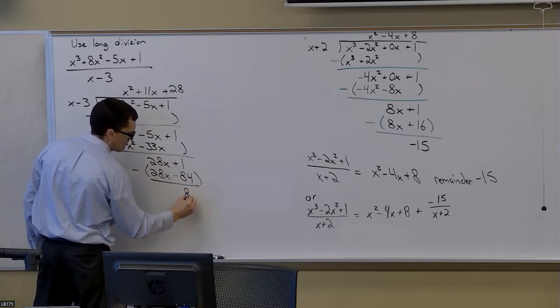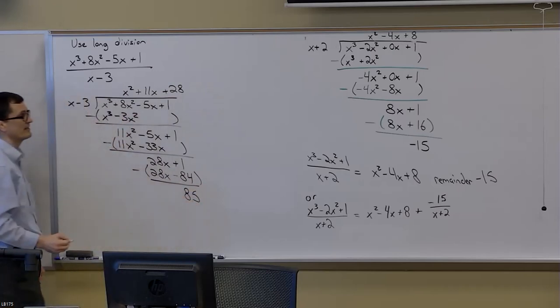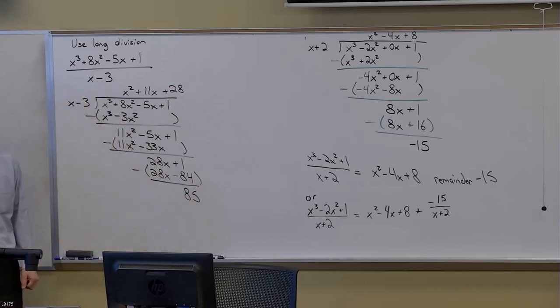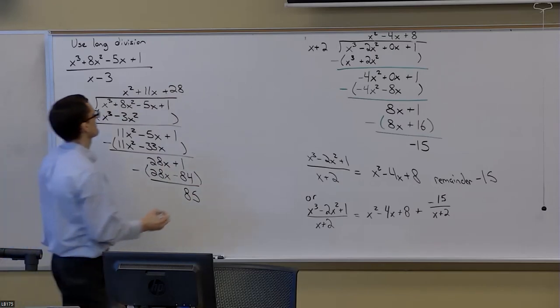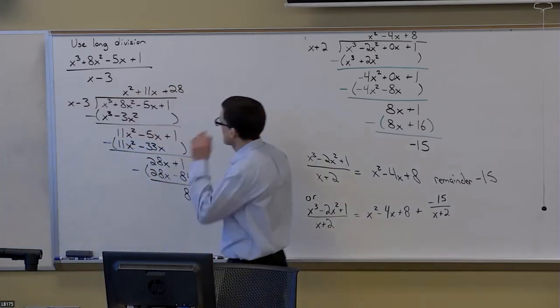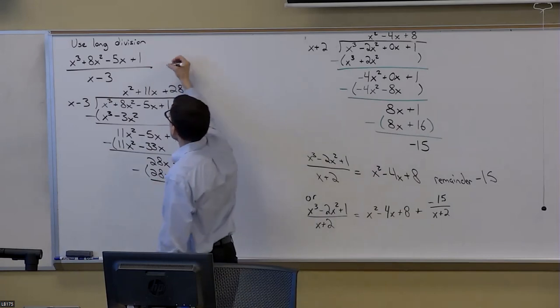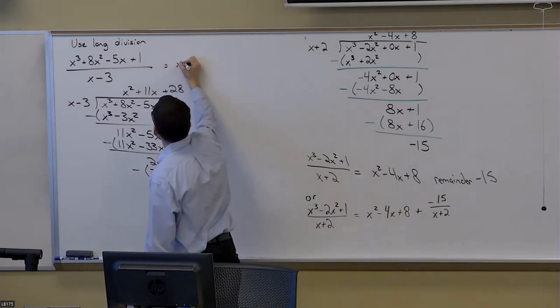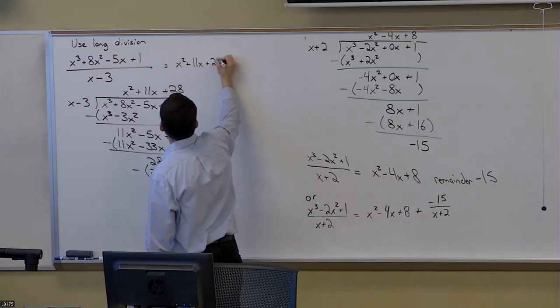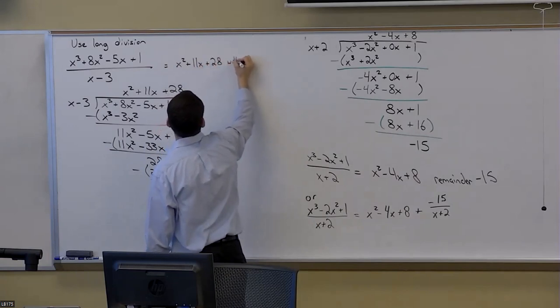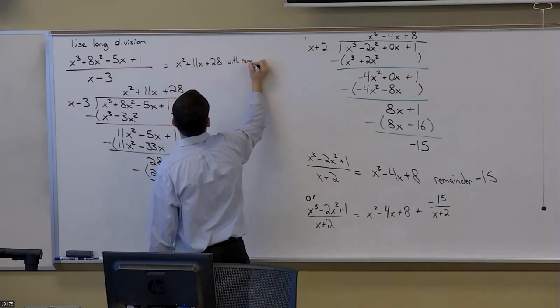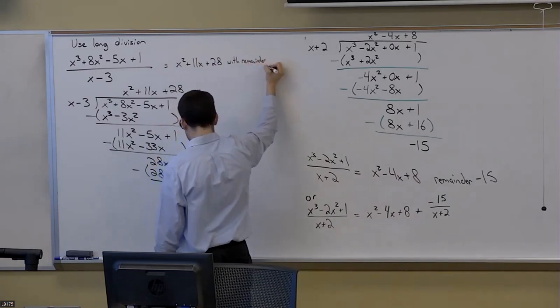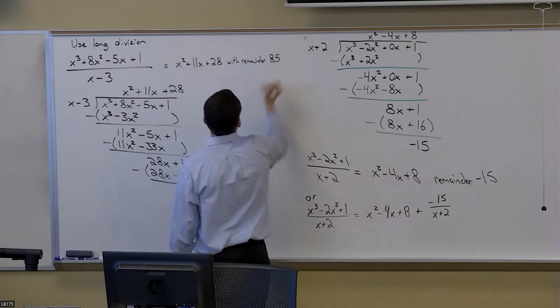I get a positive 85 as my remainder. Okay. So this long division gives x squared plus 11x plus 28 with remainder 85.